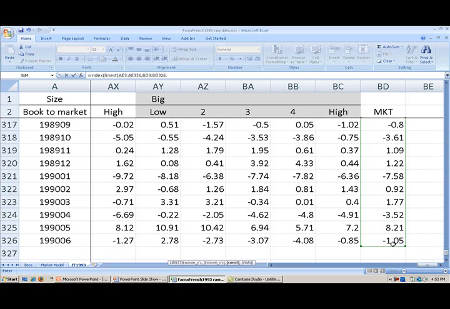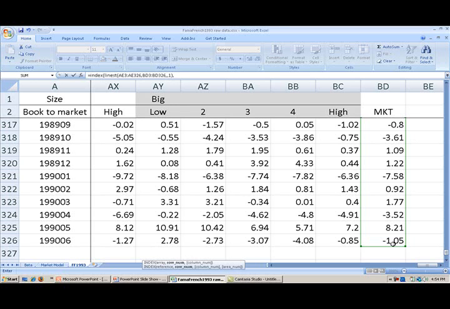Comma. Now we need to say whether we want a constant or not. We do want a constant included. That's our intercept, so we leave that blank, so we press comma again. Do we want statistics? The answer is yes, so we press 1. Then we close brackets. That closes off the LINEST function.